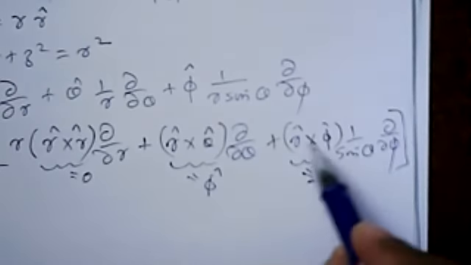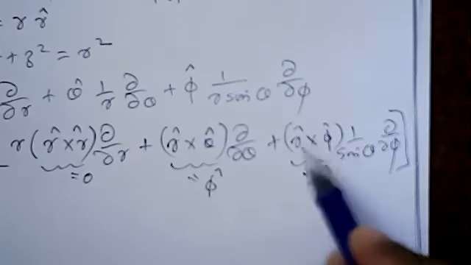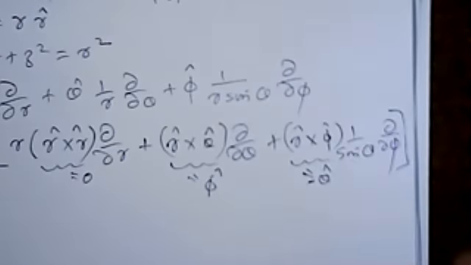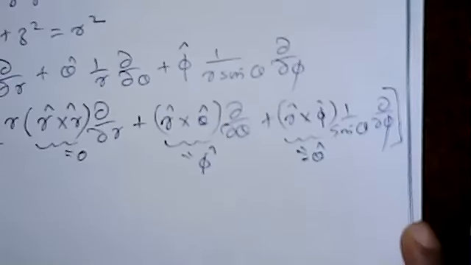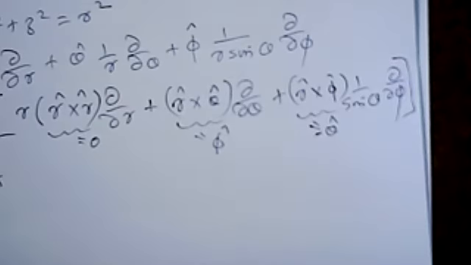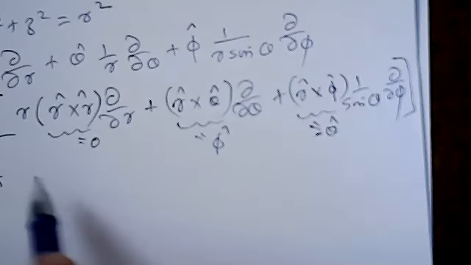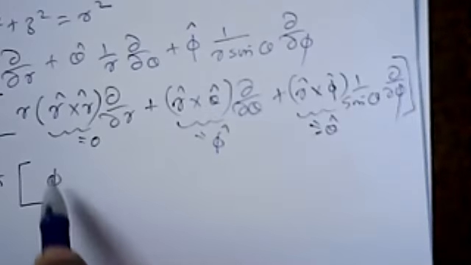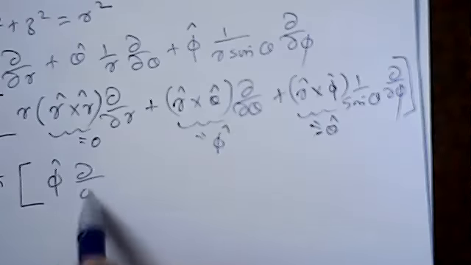I think that is clear. So you substitute all these, you get L equal to minus iħ, here it is unit vector phi ∂/∂theta.